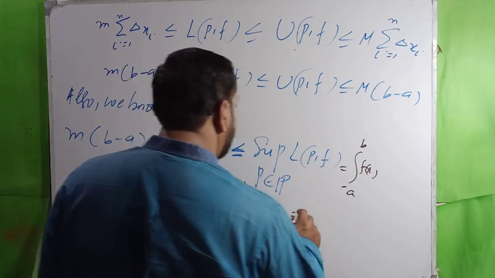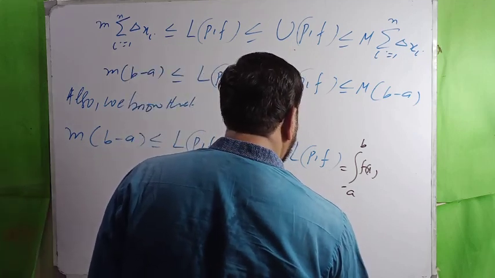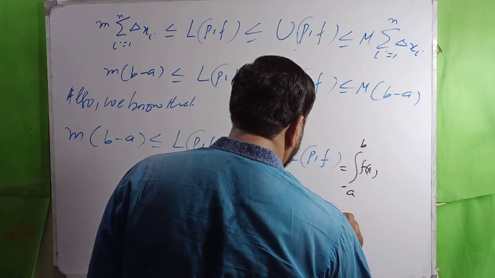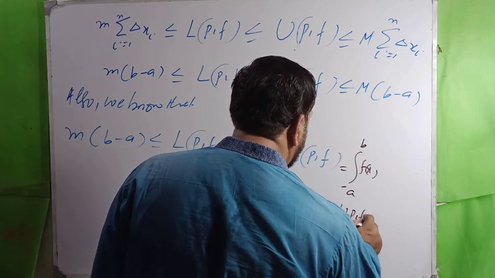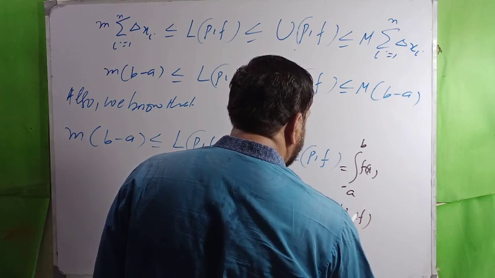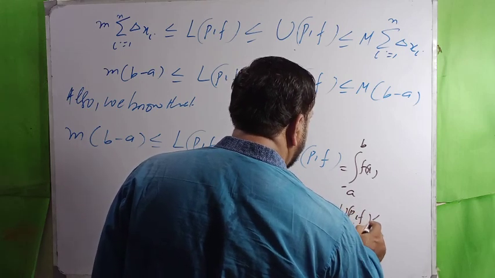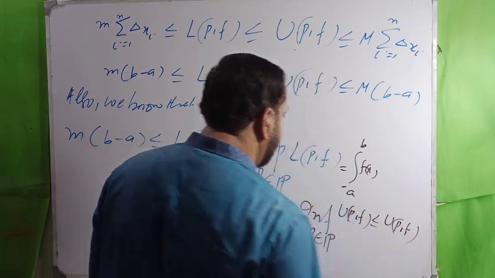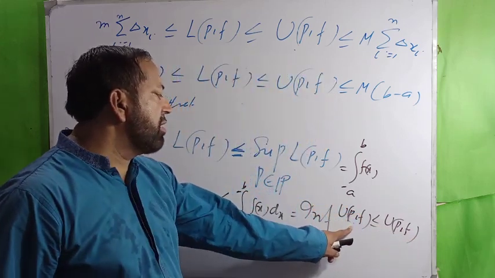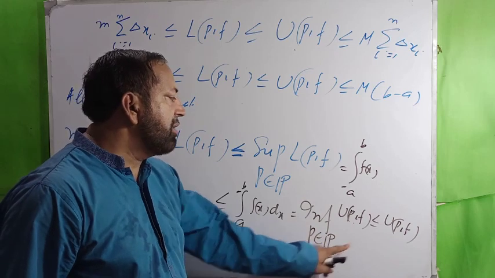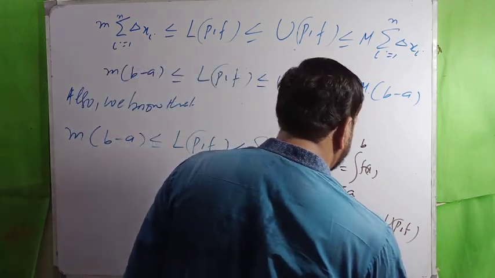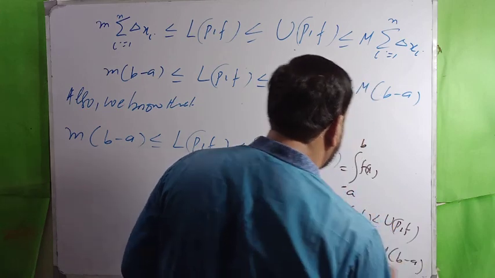And what is this? This is the infimum over P belonging to the set of partitions of U(P,f), and you know this infimum must be less than or equal to the simple U(P,f), because this one corresponds to the partition P, and this is a simple upper sum, and this is less than or equal to capital M into (b minus a).